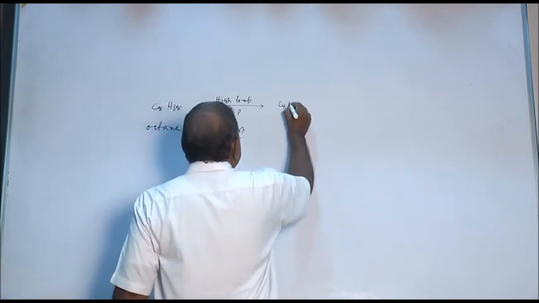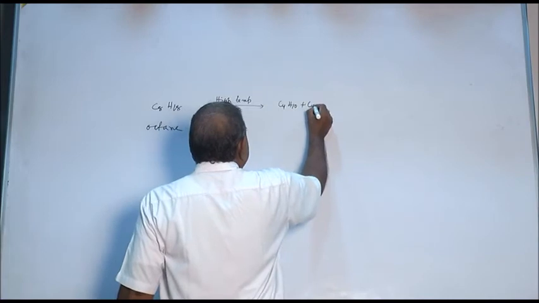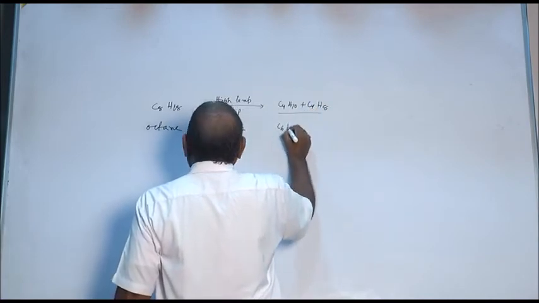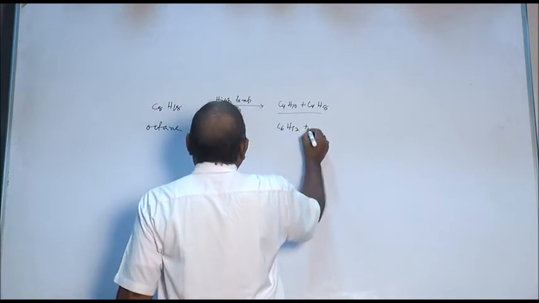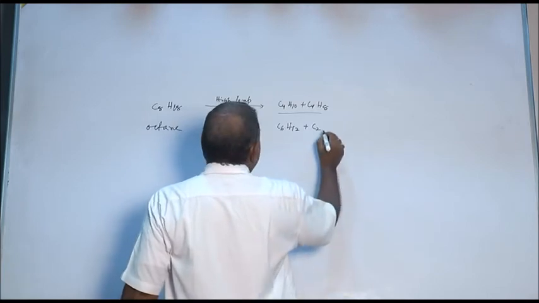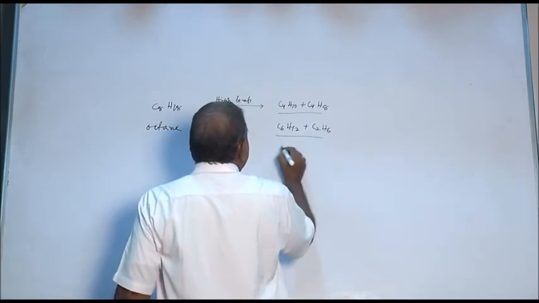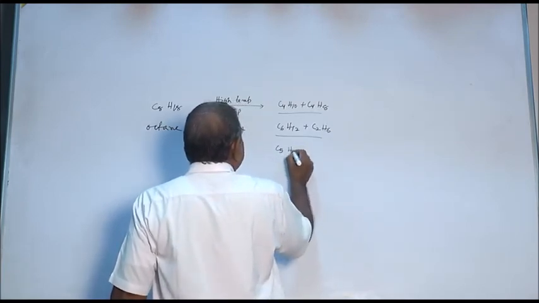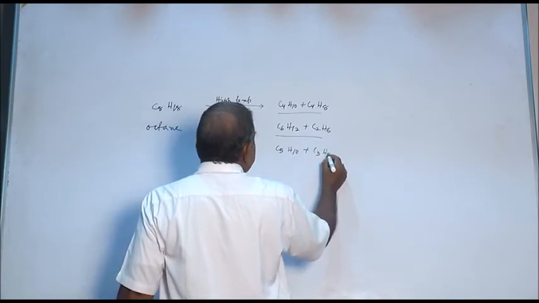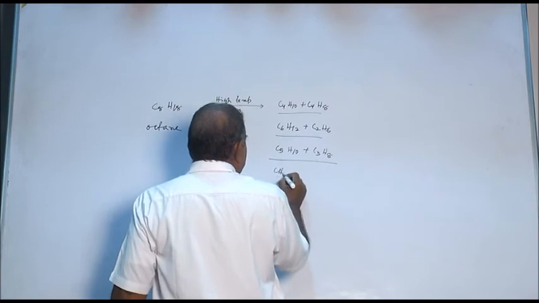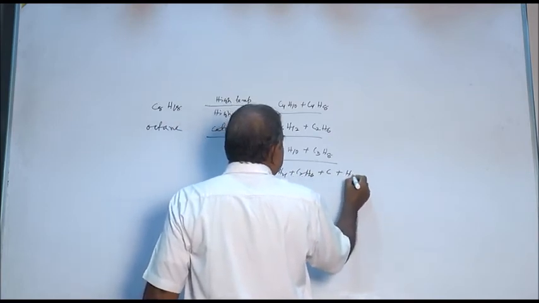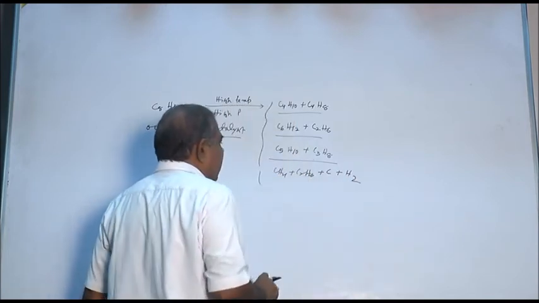It can give you, say, C4H10, C4H8, or C6H12 plus C2H6, or C5H10 plus C3H8, or it can give you methane, ethane, carbon, hydrogen. So varieties of products are obtained.